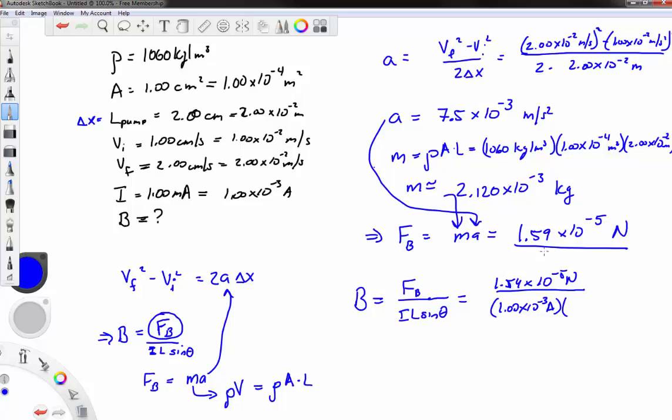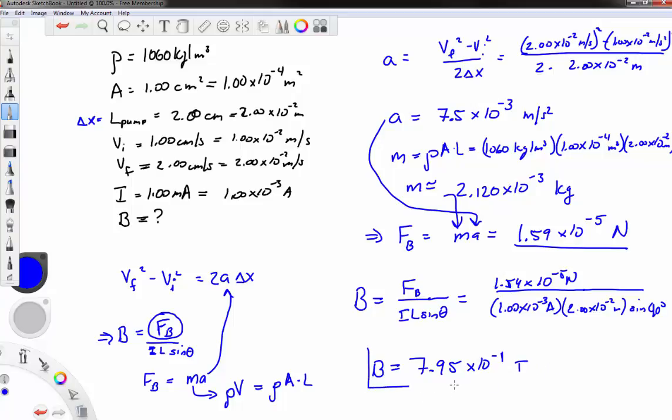This length is the 2 centimeters, or 2.00 times 10 to the minus 2 meters, and then sine of theta would be sine of 90 degrees, which is 1. So the total magnetic field strength is going to be about 7.95 times 10 to the minus, let's see, 5, 6, and then plus 3 is 3, plus 2 is 1. So 10 to the minus 1 Tesla.